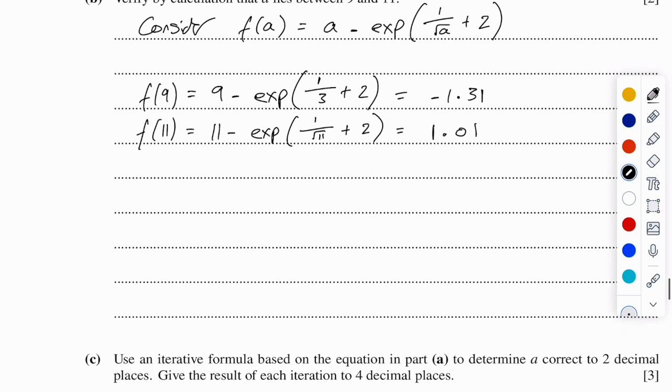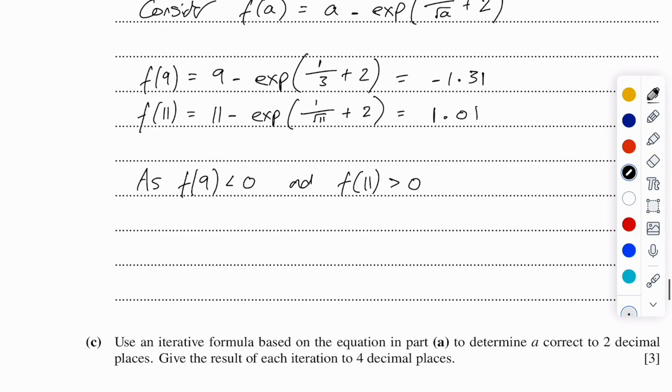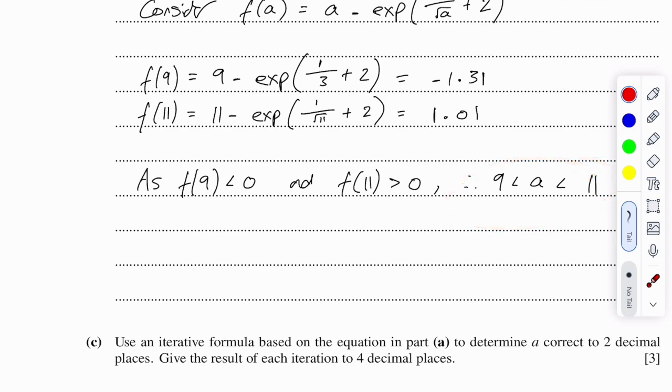And so we can say that as f of 9 is smaller than 0, and f of 11 is greater than 0, that demonstrates that A lies between these 2 points, because there is a change of sign. Therefore A is lying between 9 and 11.